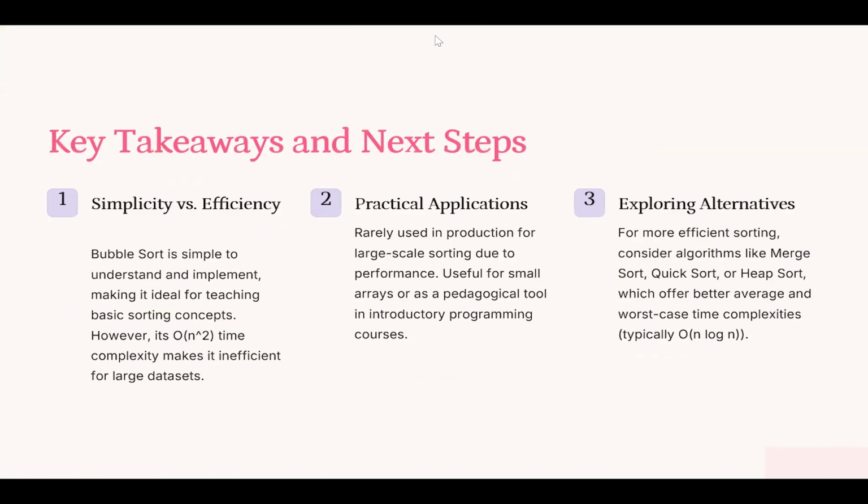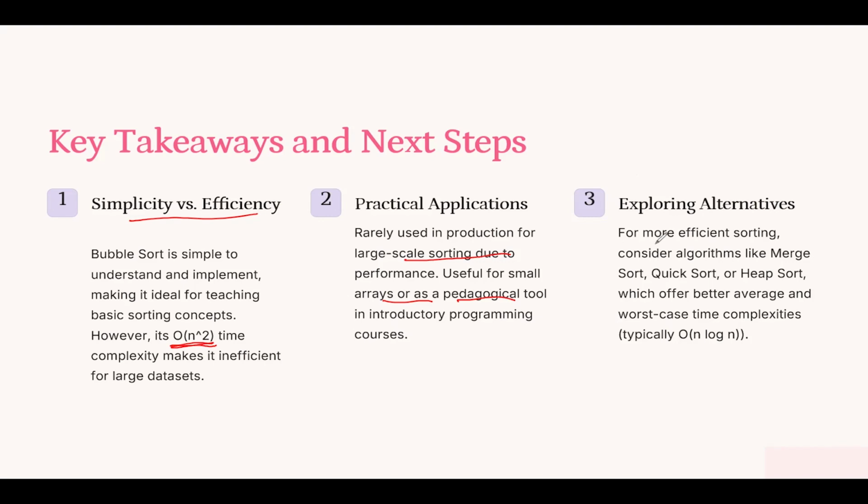So what is the key takeaway? It is simplicity and its efficiency. Bubble sort is simple to understand and implement, making it ideal for teaching basic sorting concepts. However, order of n square time complexity makes it inefficient for large data sets, like we have seen in selection sort. In practical applications it is rarely used in production for large-scale sorting due to performance. It is useful for small arrays and as a pedagogical tool, that is, to teach in introductory programming courses.